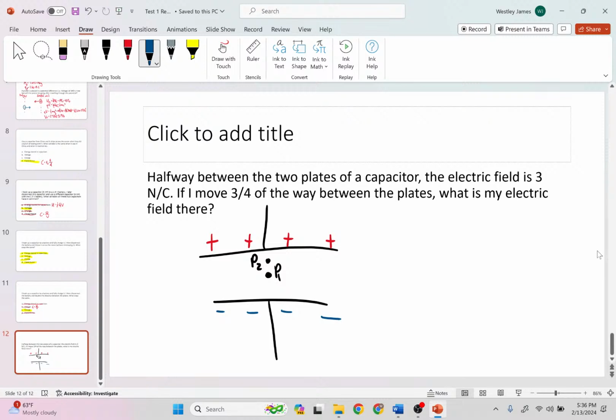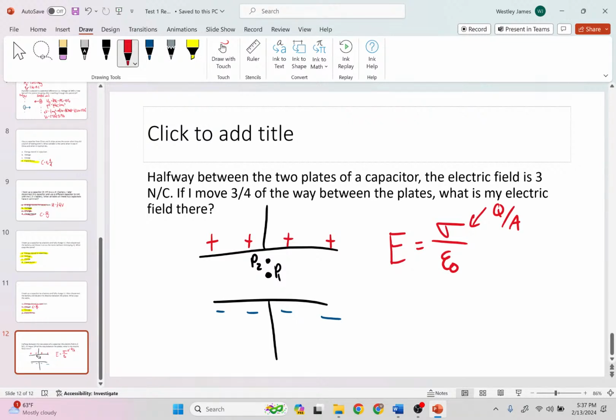That's always a good safe bet to go to. So if I think of capacitors and I say anything with electric fields, you should go to the equation for the electric field in a capacitor. That is E equals sigma over epsilon naught. Sigma is my charge per area.